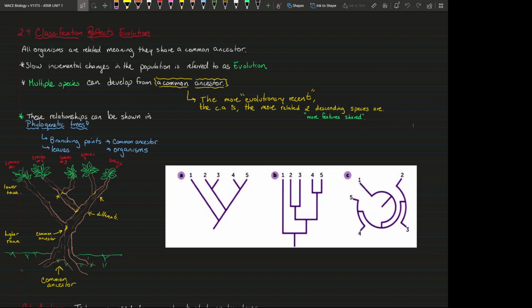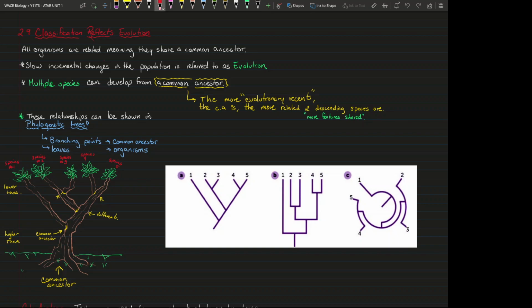But one thing that I do want you to note is that you can have various common ancestors depending on how far you want to go into this evolutionary line, or tree, that I'm going to talk about in a second. So the more recent a common ancestor is, the more likely you're going to have two species that diverged from this common ancestor to have more related features. Okay, and I'm going to get into that in a second.